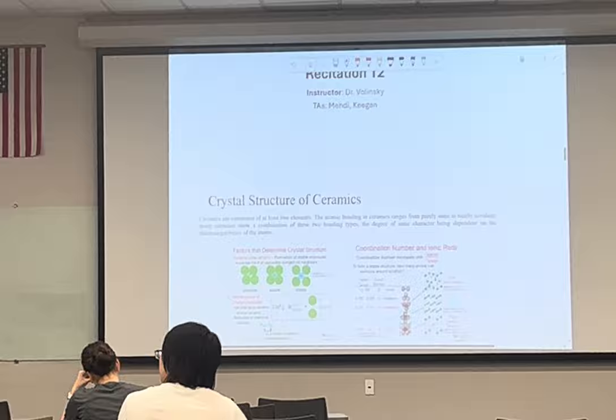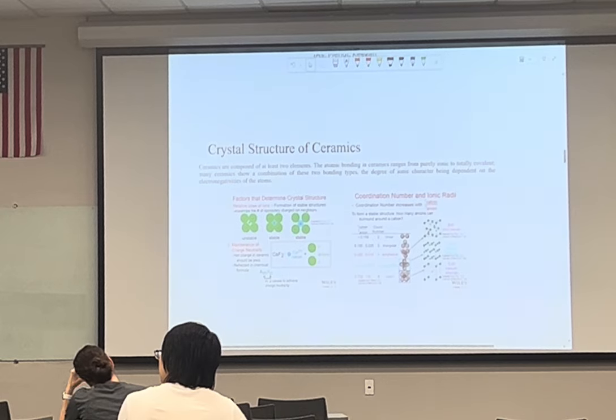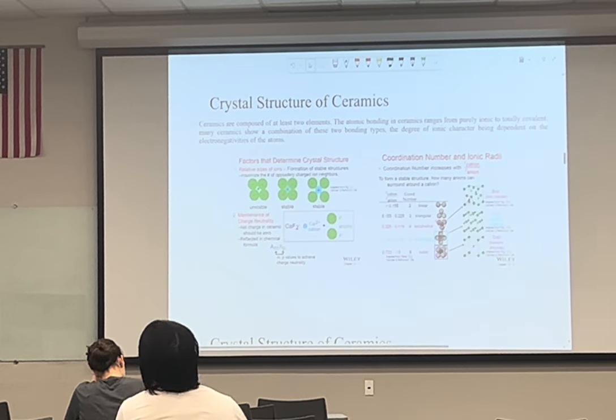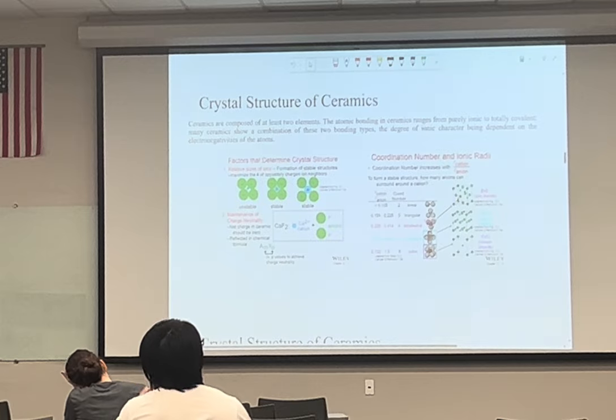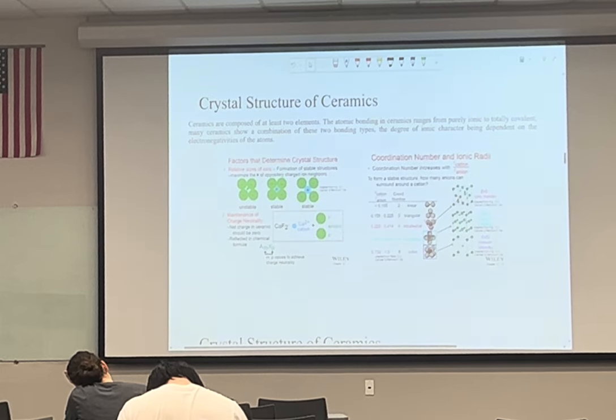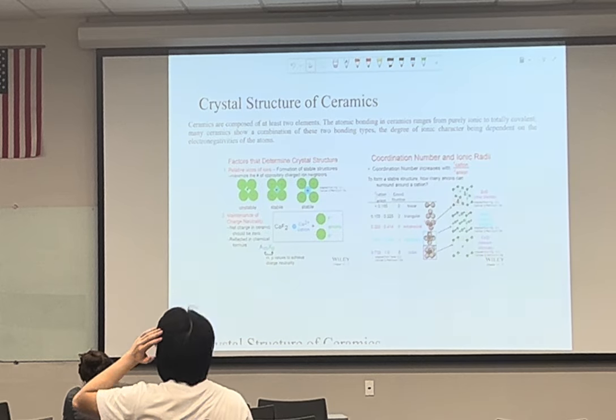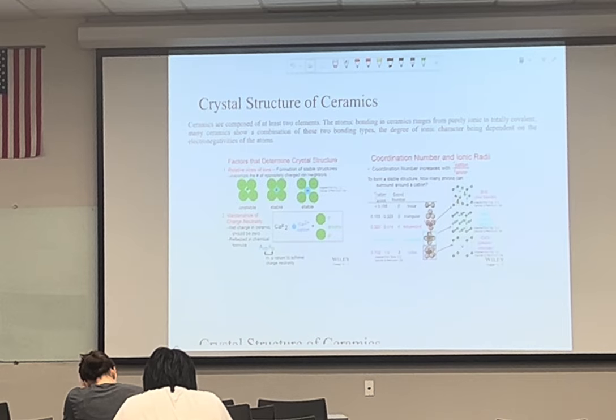So it's about ceramics. I believe we studied a little bit about ceramics in the first chapters, chapter 2 or 3. But here we're going to look into ceramics a little bit more.